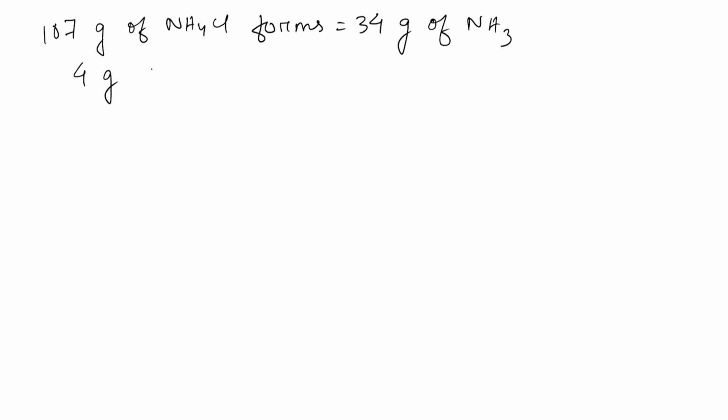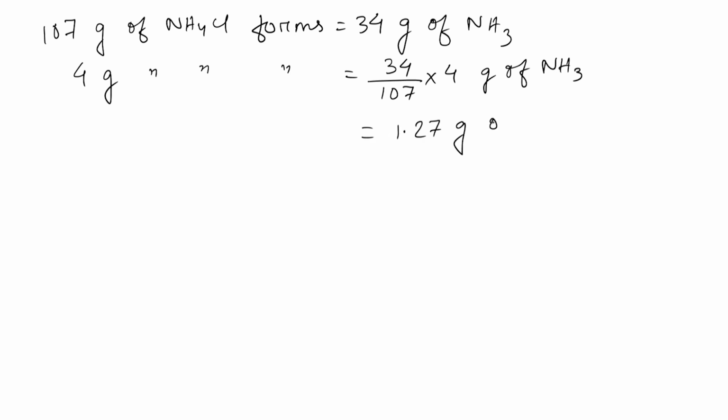So, 4 grams of ammonium chloride will form 34 by 107 into 4 grams of ammonia. So, this comes as 1.27 grams of ammonia.